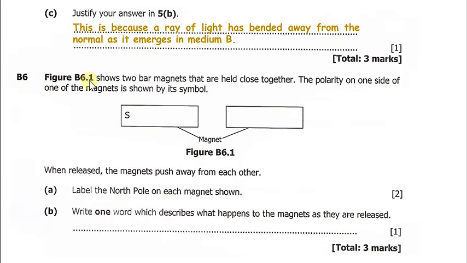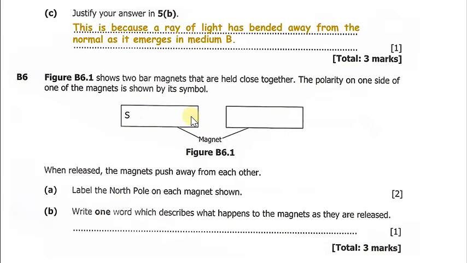Figure B6.1 shows two bar magnets that are held close together. The polarity on one side of one of the magnets is shown by its symbol. So we have two magnets here, held close to each other, and we are told this is the polarity south.